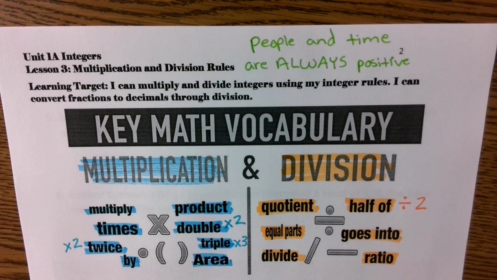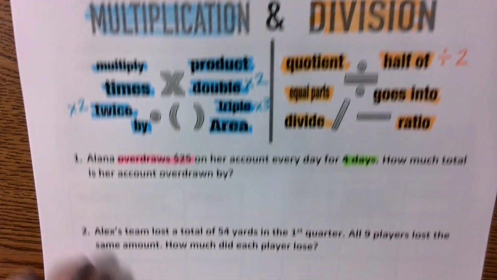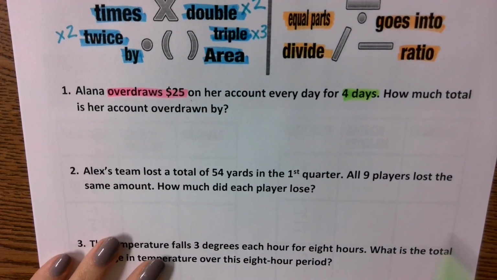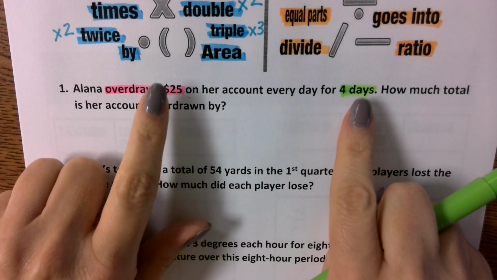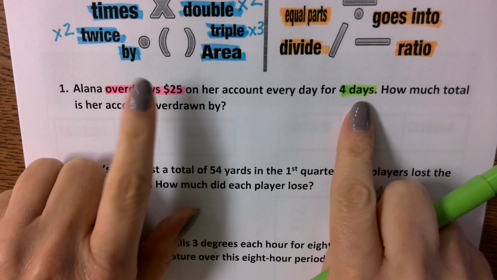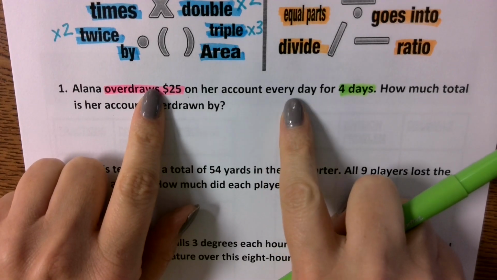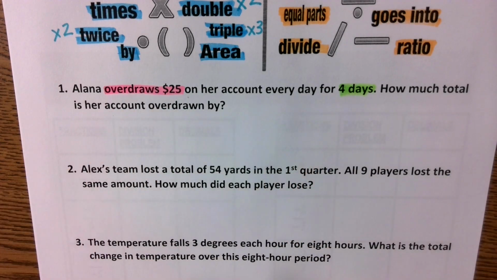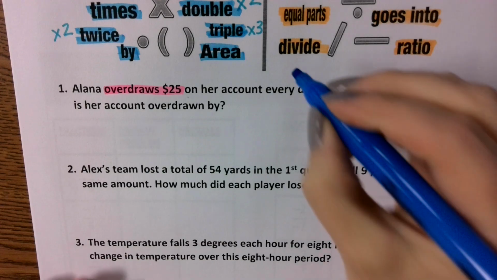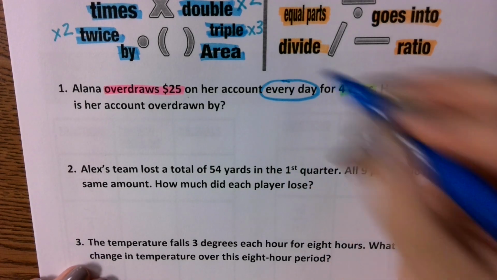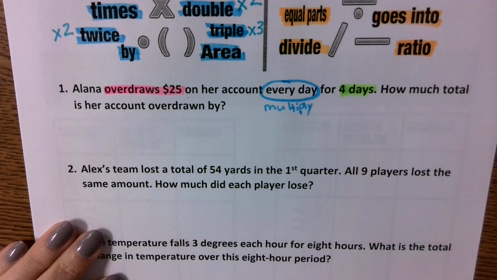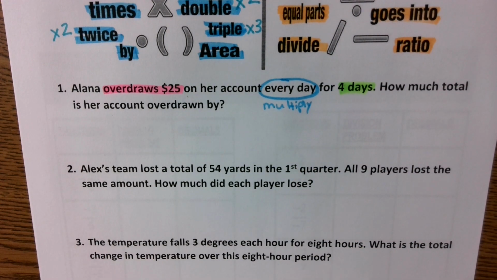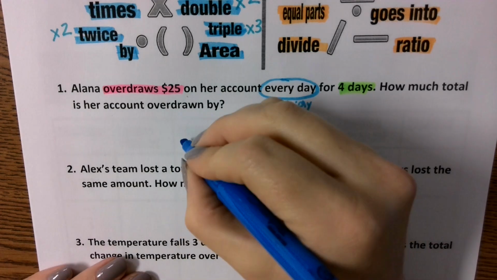Everybody good? Okay, so let's take a look then. Since we have that written at the top of our notes, people and time are always going to be positive. So we have a negative 25 and a positive 4. Now, she's going to do this every single day for 4 days. Every day for 4 days. That right here means we're multiplying. When she's going to do this specific thing every day for this specific number of days, that's a multiplication problem.